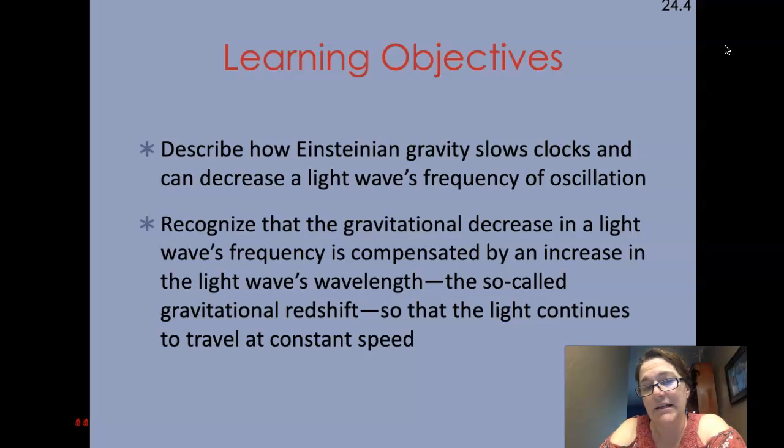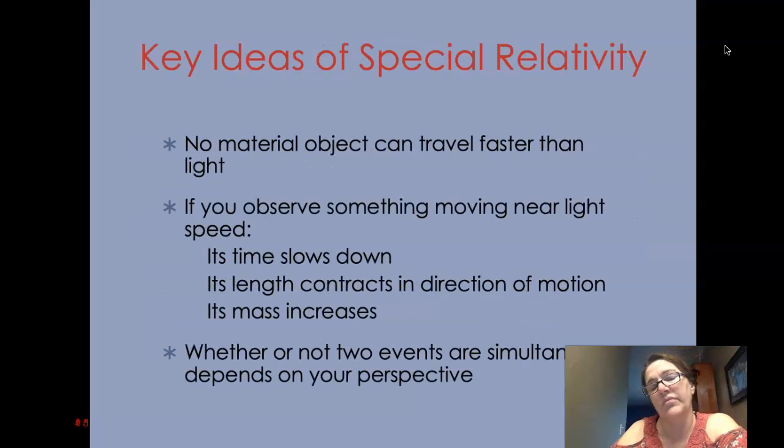So how does Einsteinian gravity slow clocks and decrease a light wave's frequency? We need to stop and remember a couple of things. Nothing can travel faster than light. Nothing. If you observe an object moving close to the speed of light, time for it will slow down. Its length will squish in the direction of motion.